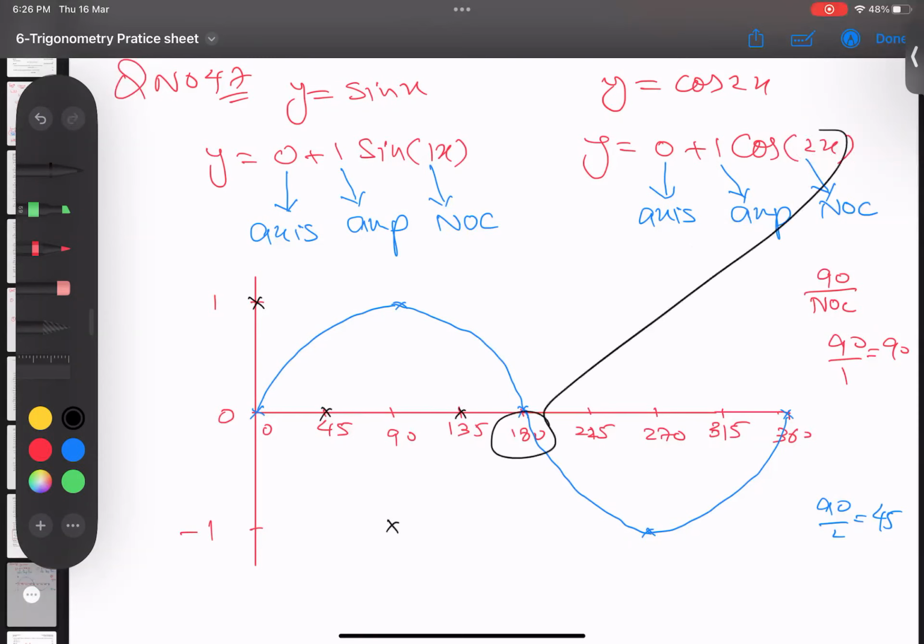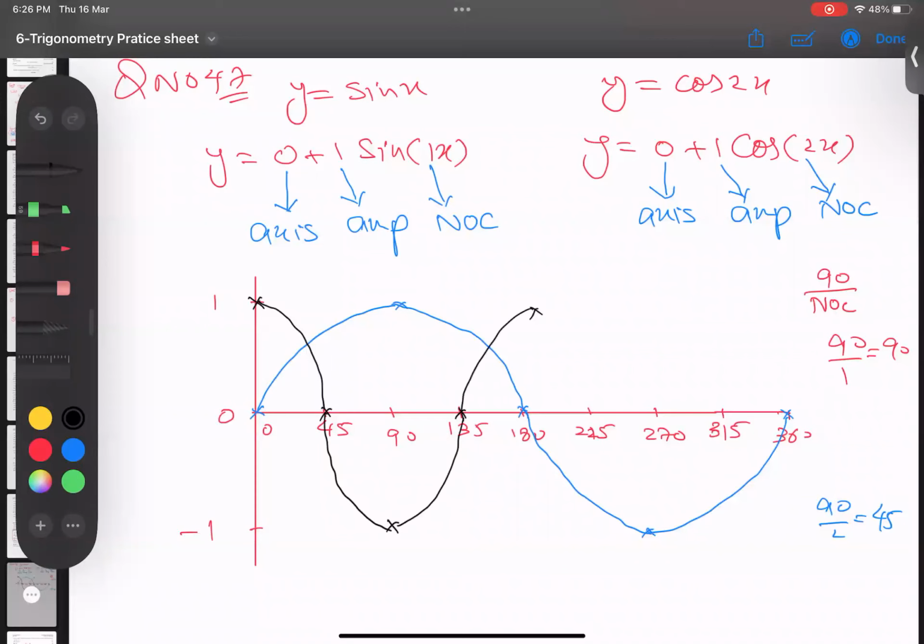And when I plug in 180, I get 1 again. So the curve is bending this way, always this pattern. And this graph I will repeat again. No need to check in the calculator: this way, then this way, then this way, and then this way.